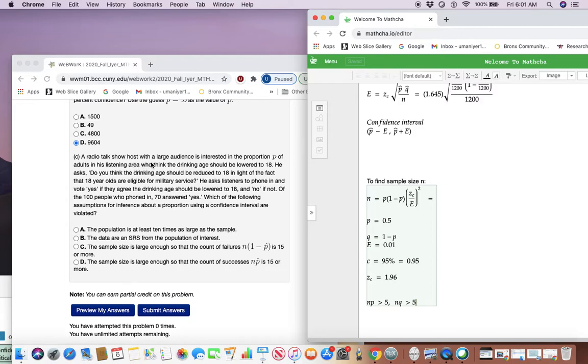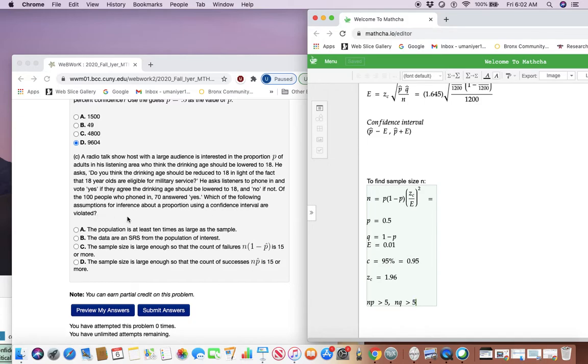A radio talk show host with a large audience is interested in the proportion P of adults who think the drinking age should be lowered to 18. He asks, do you think the drinking age should be lowered to 18 in light of the fact that 18-year-olds are eligible for military service? He asks listeners to phone in and vote yes if they agree the drinking age should be lowered to 18 and no if not. Of the 100 people who phoned in, 70 answered yes.